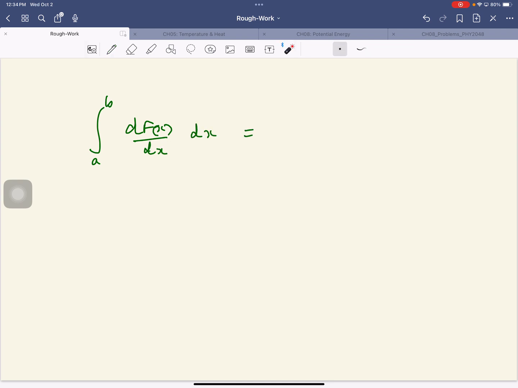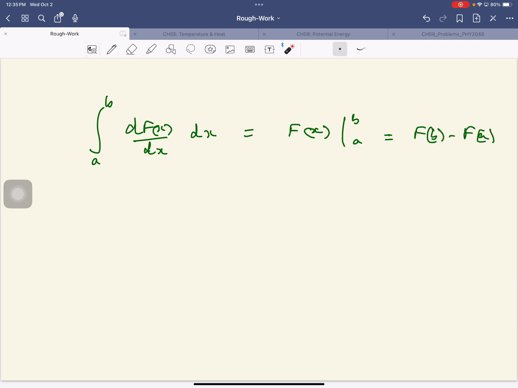Okay, so the fundamental theorem of calculus, well, integration and derivatives are inverses of each other. So if you have the integral of a perfect derivative, the fundamental theorem of calculus says this is equal to f(x) evaluated at the endpoints, equal to f(b) minus f(a).